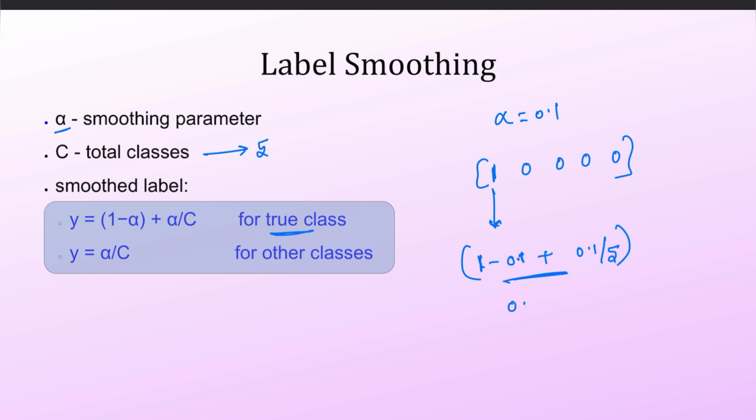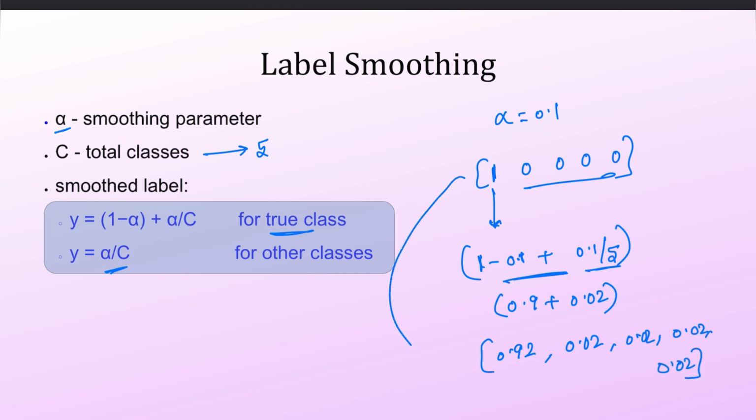So this is 0.9 plus 0.02, which will be 0.92. And what about the remaining zeros? In all those cases, the value will be alpha divided by C. That means 0.02, 0.02, 0.02, 0.02. So this will be converted automatically based on this formula during training. So this is how label smoothing works.